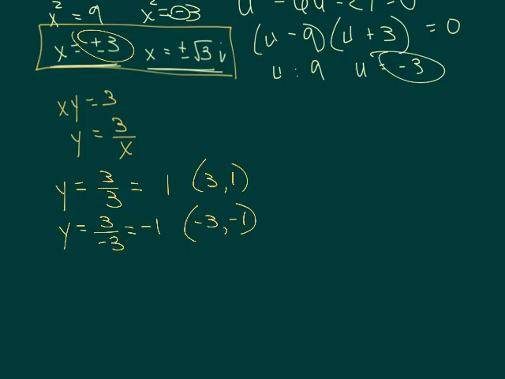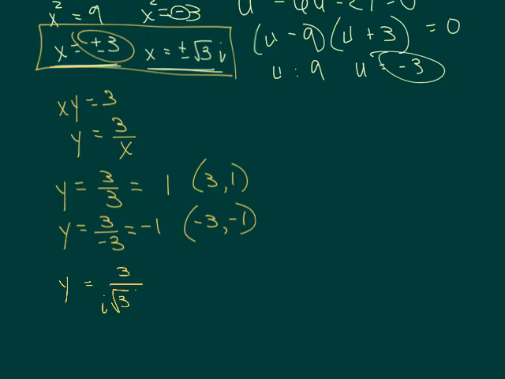How about when x is positive the square root of 3i? So y equals 3 over positive square root of 3i. Now this is where it gets a little bit tricky. Let's take this i while we're here and put it in front of my square root sign. Sometimes that makes it a little bit easier.